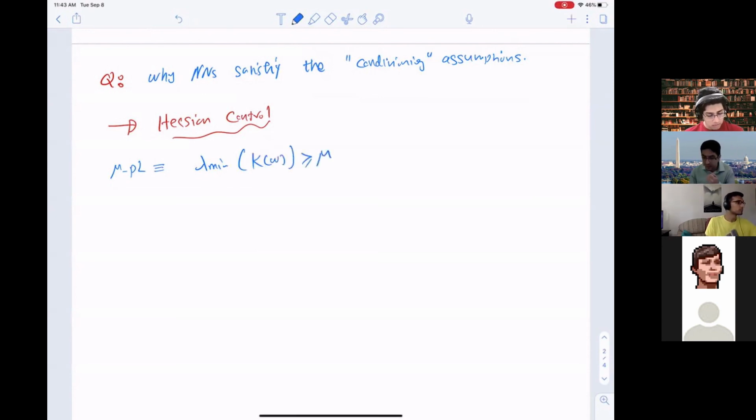This tangent kernel is PSD, but if we show the minimum eigenvalue of it is bounded away from 0, then we have the PL condition. But perhaps this is hard to show for every W in a ball around my initialization. So if I show that maybe when I'm randomly initializing my weights, I satisfy it.